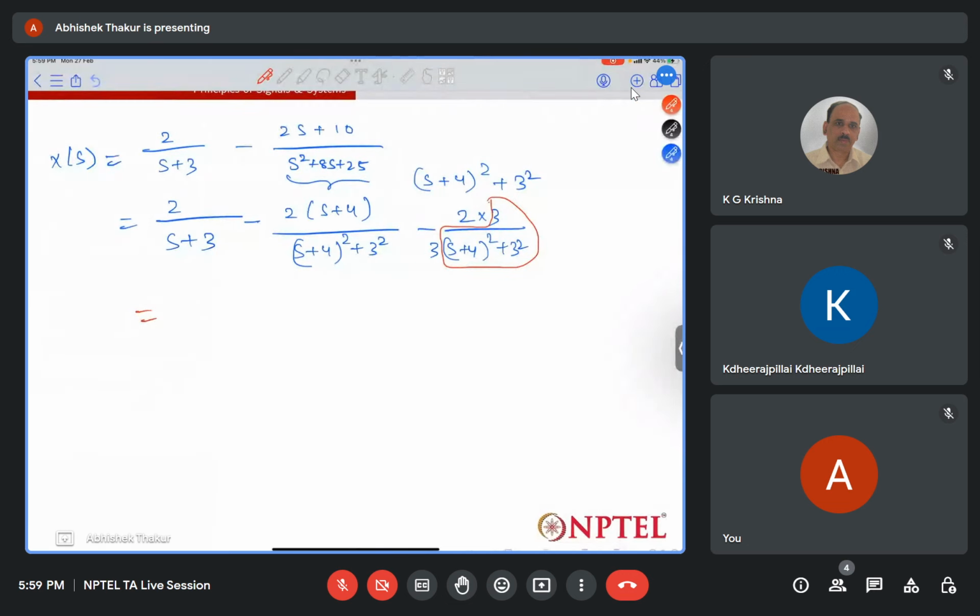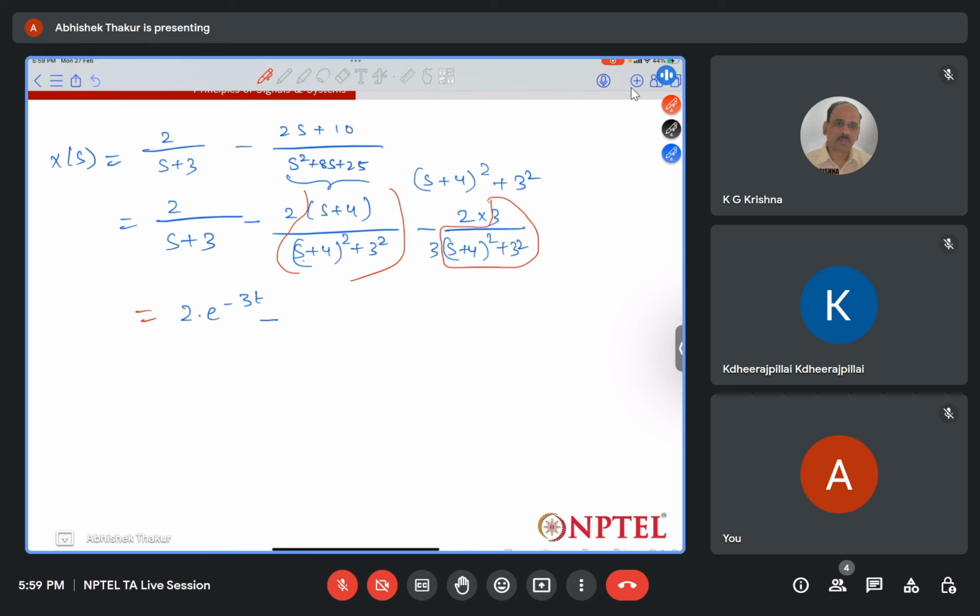So for 2 by s plus 3, we know that will be 2 into e to the power minus 3t. And for this, we know this is the cos of 3t, and s plus 4 is there, so we will write e to the power minus 4t cos of 3t.